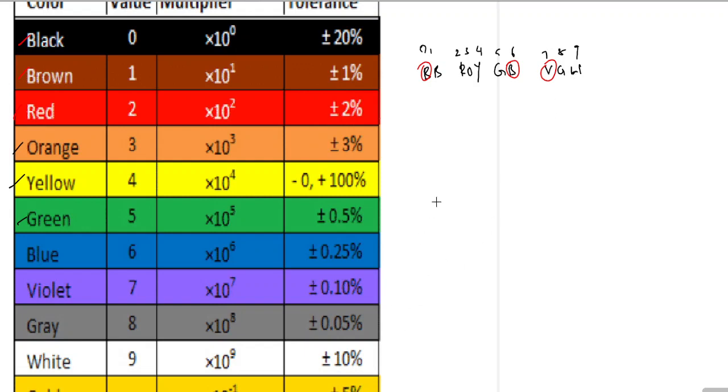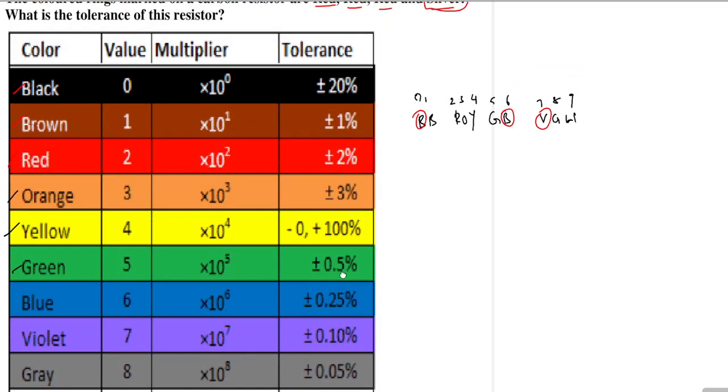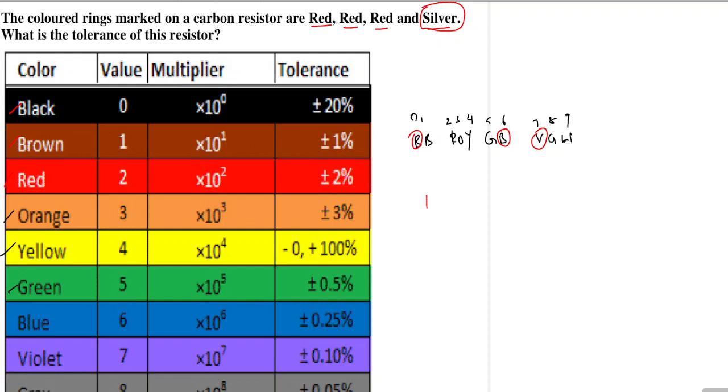The rest are straightforward. So here we'll have 3 colors plus tolerance. For the first 2 colors, for example, in this case the colors are red, red, red. The last is silver. In such color coding, the first 2 colors indicate the numbers directly. Here, red stands for 2, so it will be 2, 2.